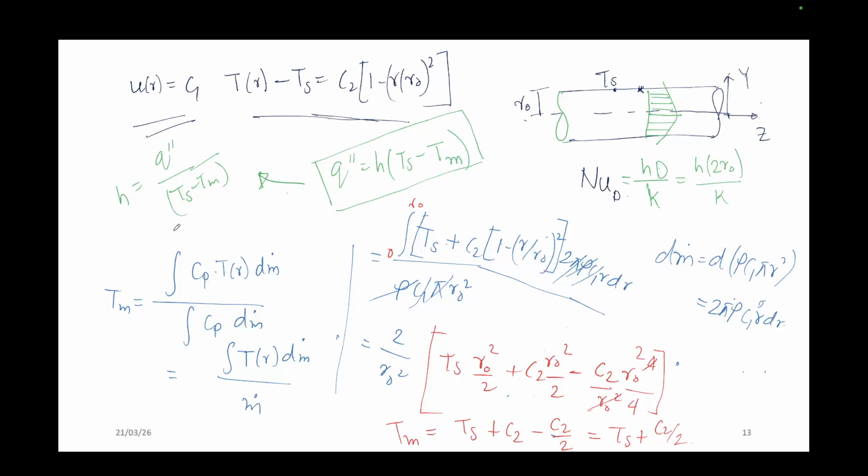So now I can put it here in the H. Can I move to the next one? Just remember this thing: Tm is your Ts plus C2 by 2.